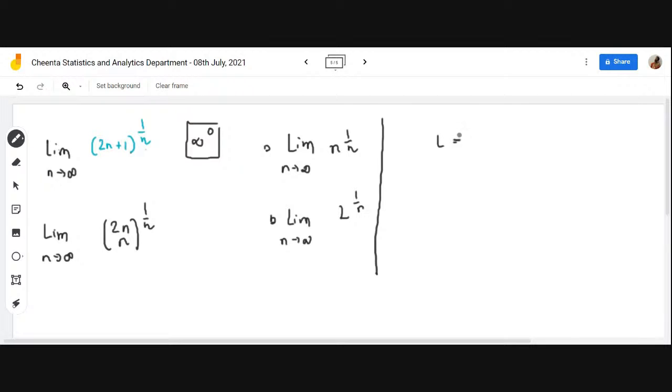So let L be equal to limit n tends to infinity of (2n plus 1) to the power 1 by n. If you take the log of L, you get limit n tends to infinity of 1 by n into log of (2n plus 1). How do you do this now?